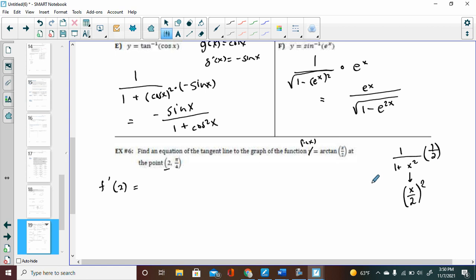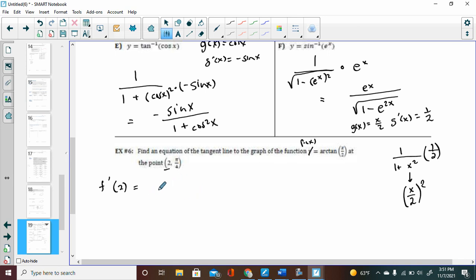Okay. I'm going to make sure I took care of everything. So g of x here is x over 2. G prime of x is just 1/2. All right. So there's a formula for this, but we're just going to try to go this route and see if we end up with the right thing.